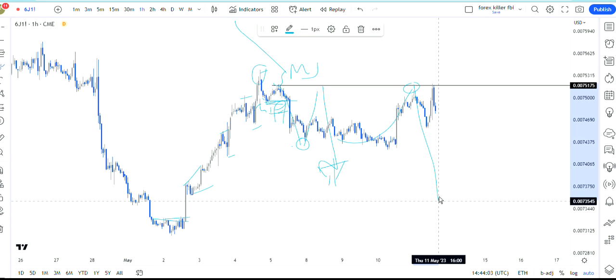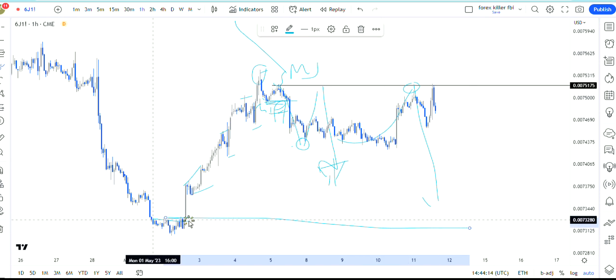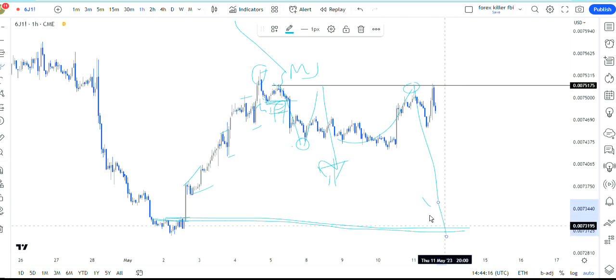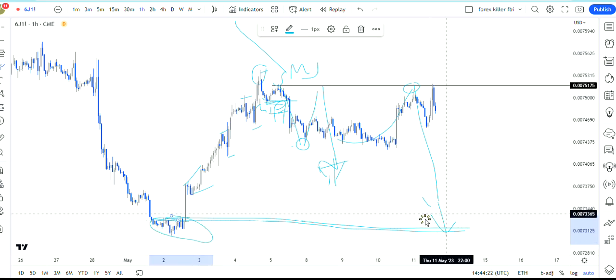What we predict here is that the market will continue falling down until this area, because we have a flip area here.